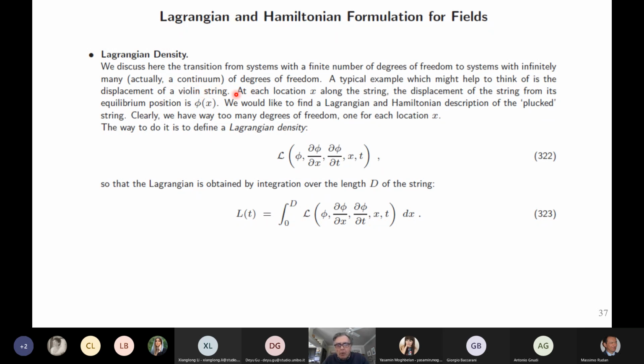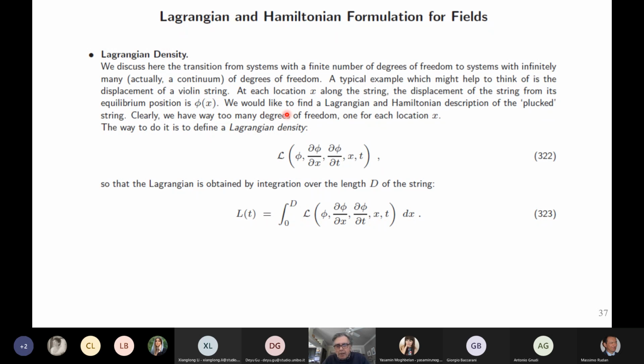We have this string, and between the peg and the bridge of the violin, it's fixed at these two points, and then its displacement at any point x along the length of the string is called phi. It's a field. It's a function, but we call it a field.